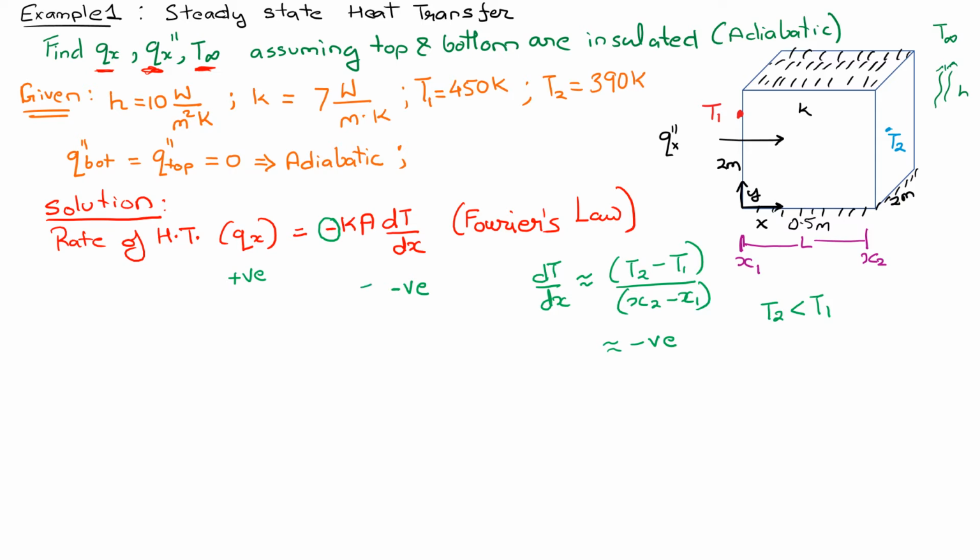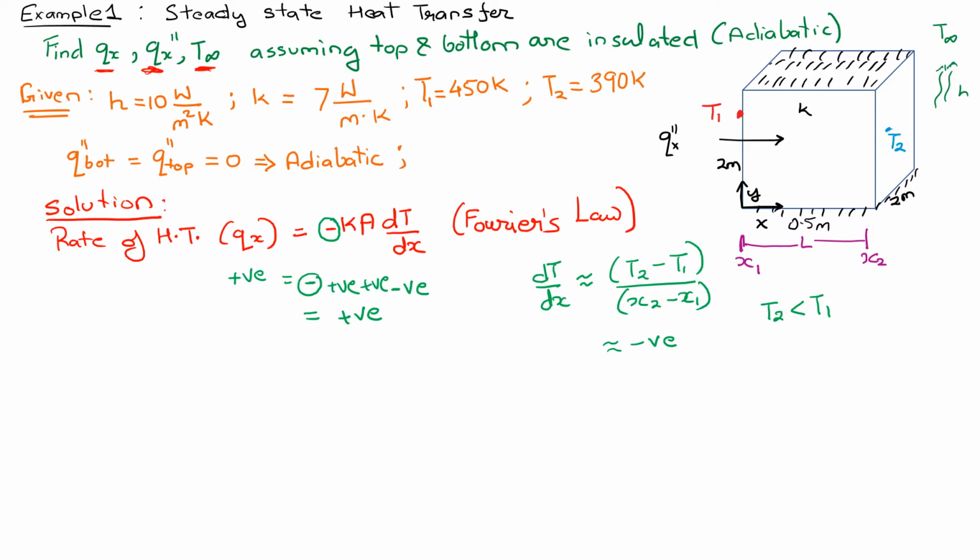So again, we have a positive number here. Thermal conductivity is a property, so it has to be positive. So if we don't add the negative sign, our right hand side will be negative, but our left hand side is positive. Therefore, there is an additional negative sign which makes the right hand side positive. So that's why we have a negative sign in the formula for Fourier's law.